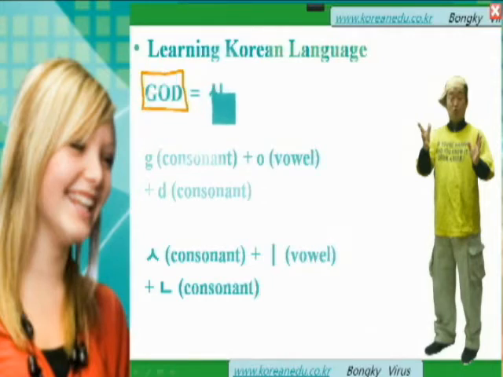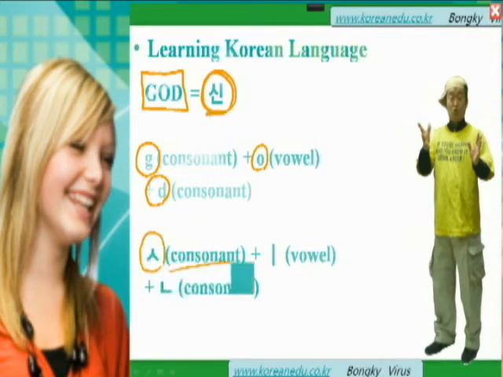God, in the Korean language, we call it Shin. When you write it, as I said on the previous page, G plus O plus D. So they are compounded, and then it makes the word God. What about the Korean word Shin? 시옷, consonant, E, vowel, and 니은, consonant.